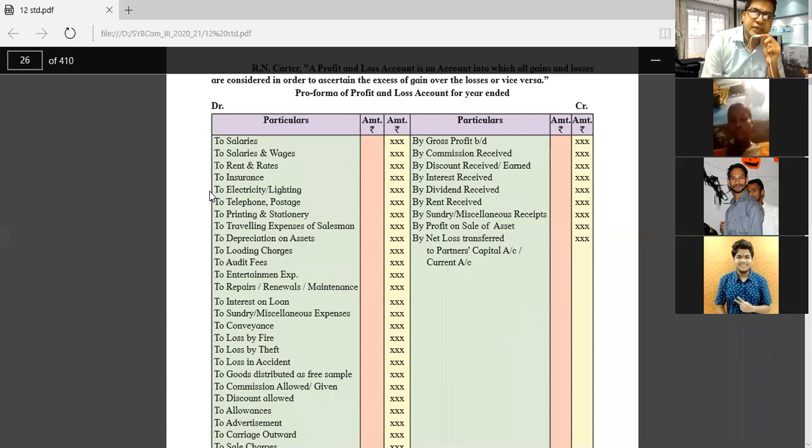Then electricity, lighting in the office premises: we require electricity and office lighting, and these kinds of expenses we will show on the profit and loss account debit side. These things you have to keep in mind.